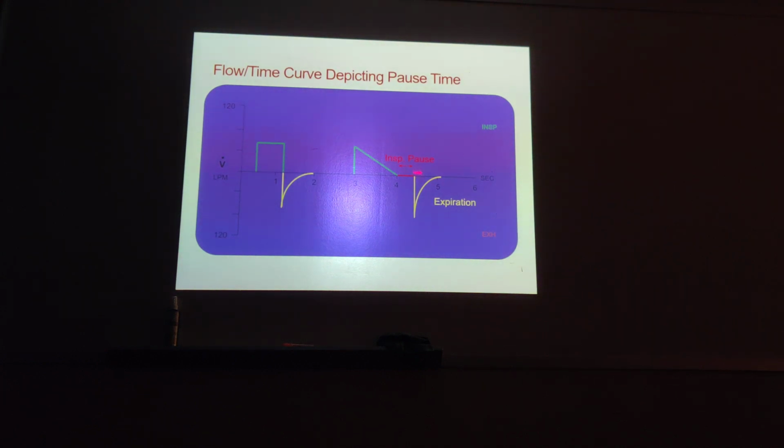So anytime you see this, you need to decrease your I time. That means that the patient has more I time than they really need. Okay, there's always a pause, unless you intentionally set a pause time. Otherwise it will be too much I time.